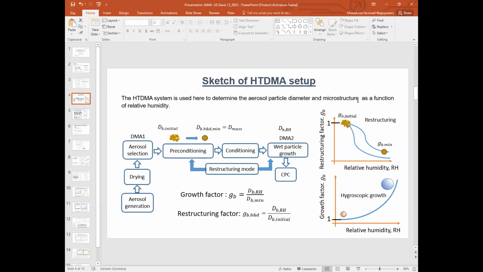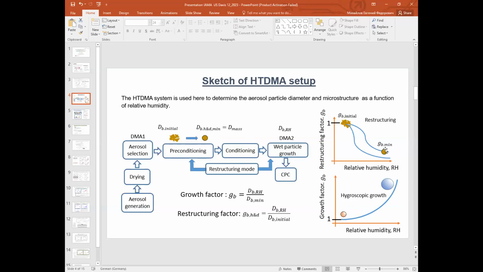So what we need to do first is to know the real dry mobility diameter of aerosol particles. Initial particles have a regular shape, and we need to use a special restructuring mode to convert these particles into mass equivalent diameter. So this is the first stage of the measurements.